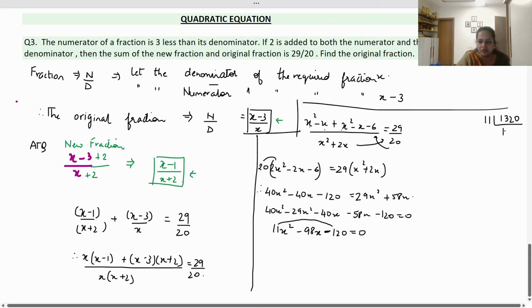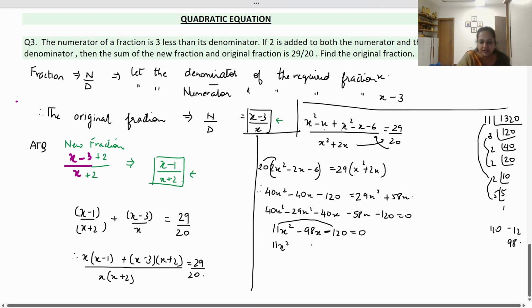We have 11, 120, 3 40s are 120, 2 into 20, 2 into 10, 2 5s are 10. 10 into 11, 110, minus 3 4s are 12, gives us 98. So we got the factors also.